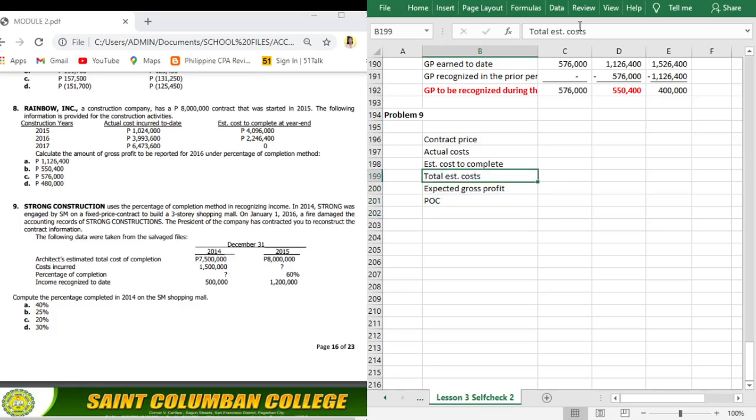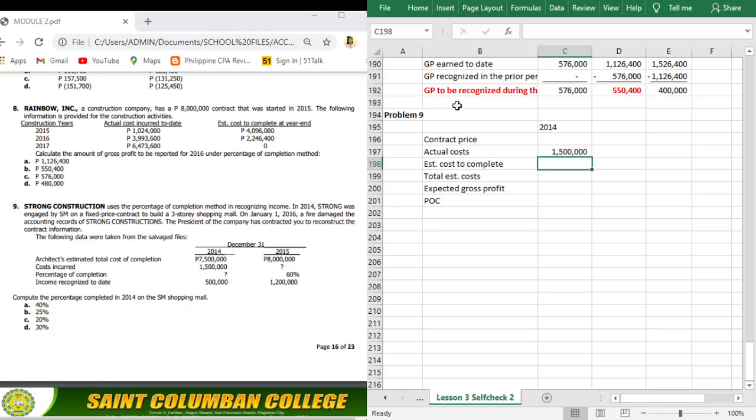So, how do we get the percentage of completion during the year 2014? Okay, how do we get that? Diba? Actual cost, 1,500,000 and then divided by total estimated cost.